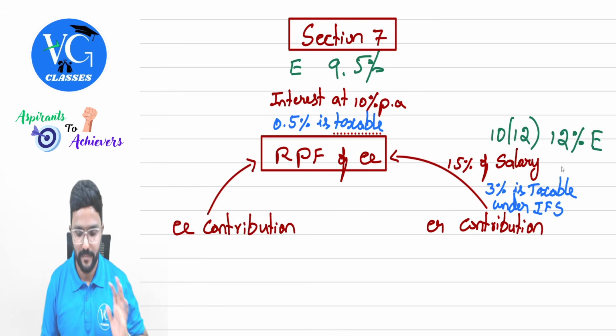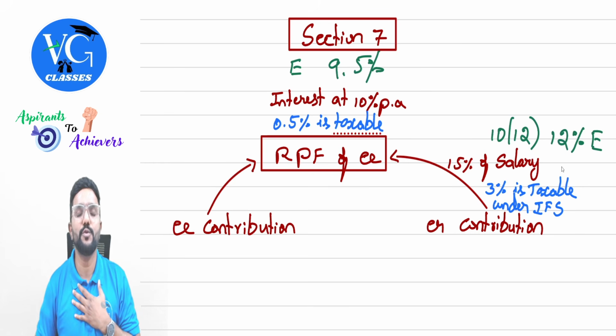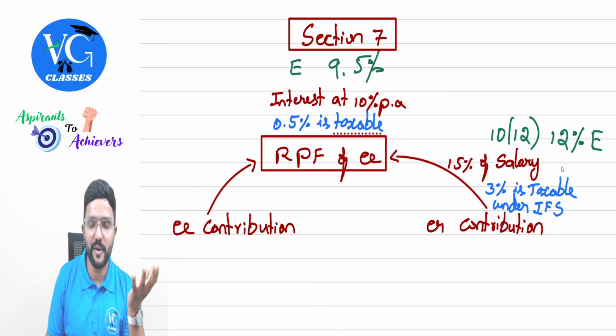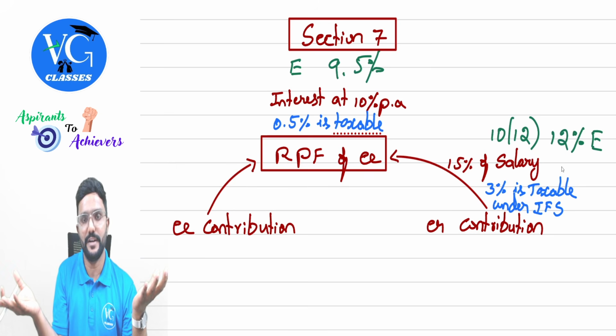Fine. Same way, if unrecognized provident fund is opened in the name of the employee, then when the amount is withdrawn, it is fully taxable. But what if the employee or employer had opened an unrecognized provident fund, but after a few years they are converting that into a recognized provident fund?